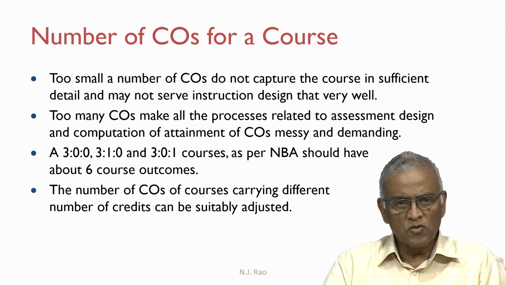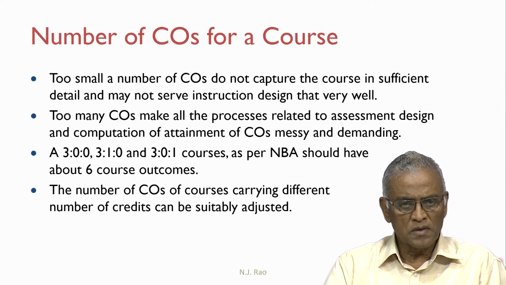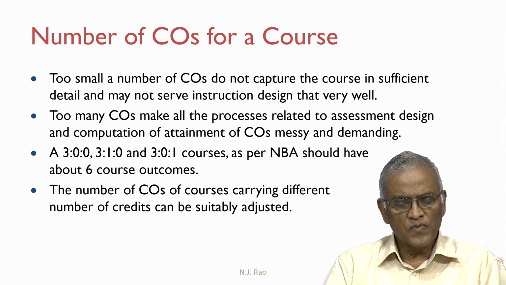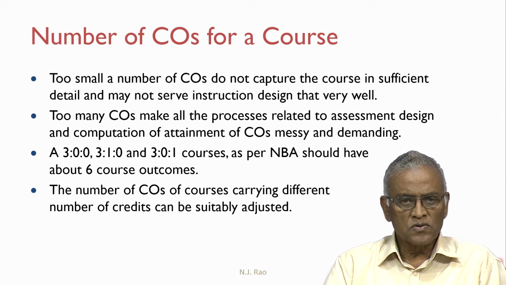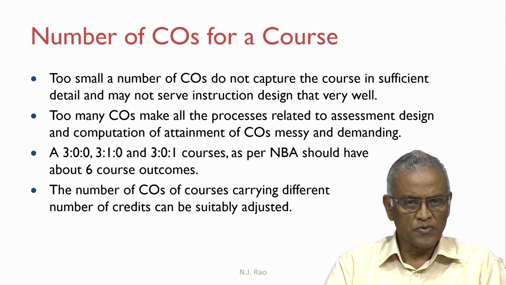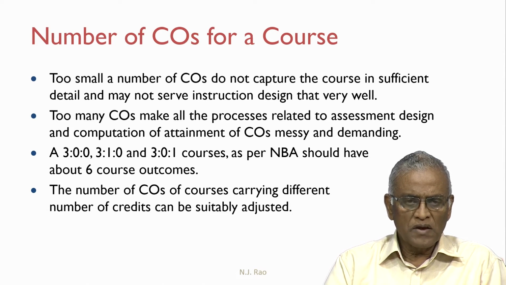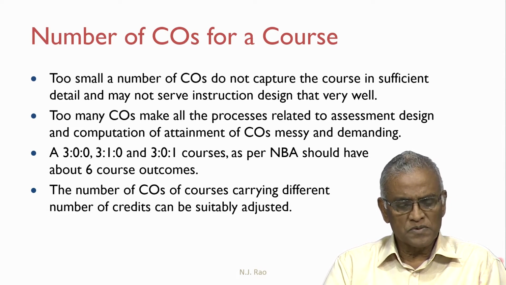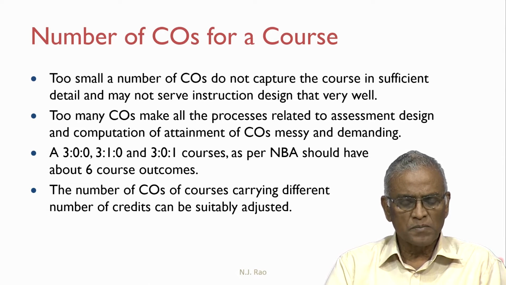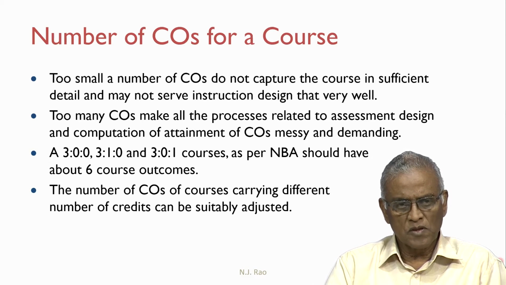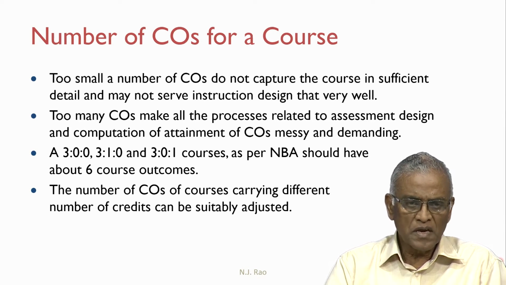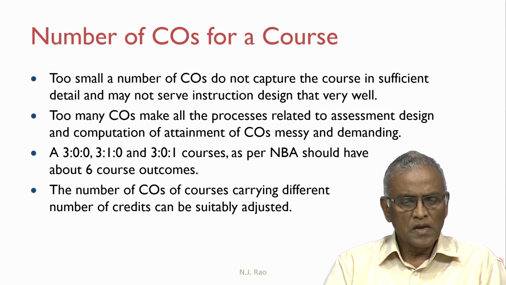Or you may have 3:0:1, 3 lecture hours, no tutorial and 2 hours of laboratory session per week. As per NBA, they should have about 6 course outcomes. I would like to interpret this as 6 plus or minus 2. That means you can write up to 8 outcomes.